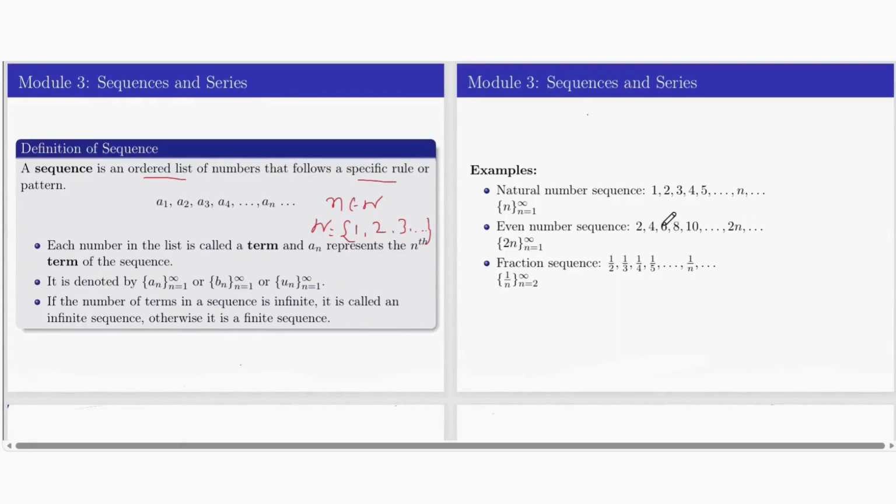As per the definition of sequence, first of all we have to check what the rule is and then what the order is. Here the first element is 1. In 1 add 1, so we get 2. Again in 2 add 1, so we get 3. Again in 3 add 1, so we get 4 and so on. So here what is the rule? Every time 1 is added, so we get the next number.